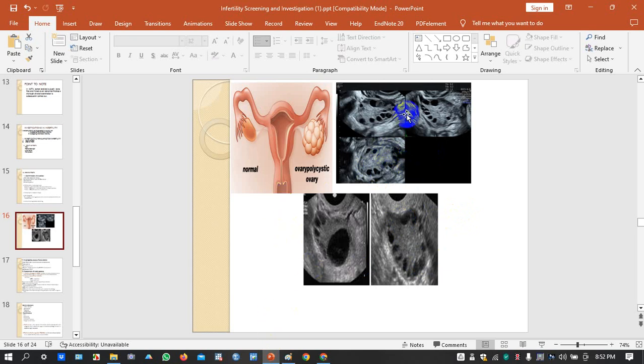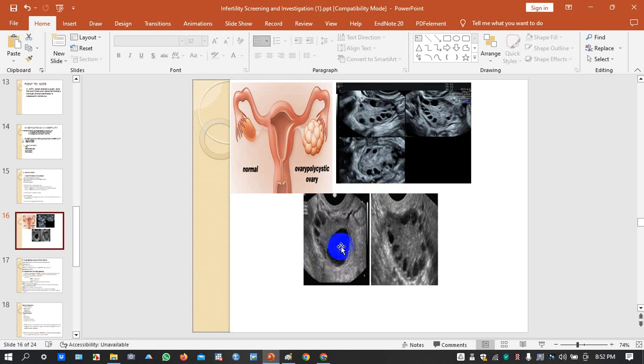These are polycystic ovaries. Polycystic, you can see the cyst. A cyst is a collection of fluid. Any collection of fluid on ultrasound appears dark, and the places that appear bright are what we call the tissues. The fluid is anechogenic.